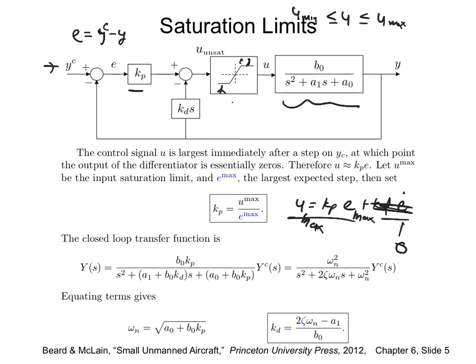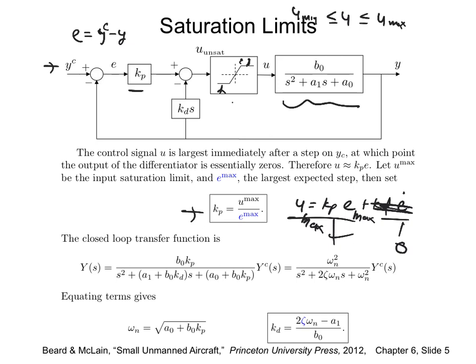If your Kp is designed such that at the maximum tracking error your input is maximum, that's how I can select my Kp. Kp is Umax over Emax. So you will only get maximum input out of your system when your error is maximum. Otherwise, you will always stay below the limit, so you will not saturate your input.